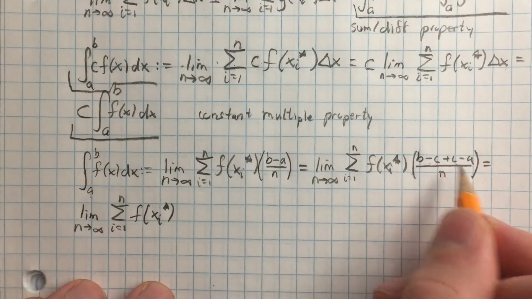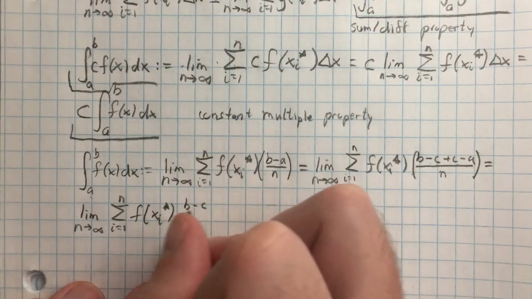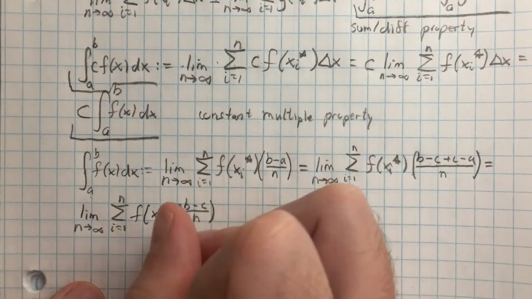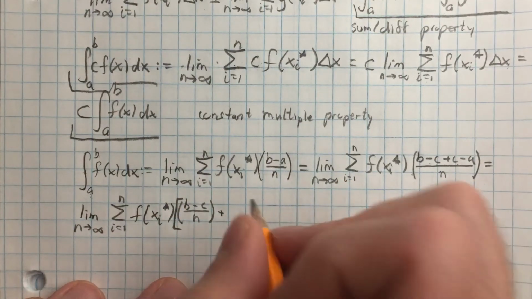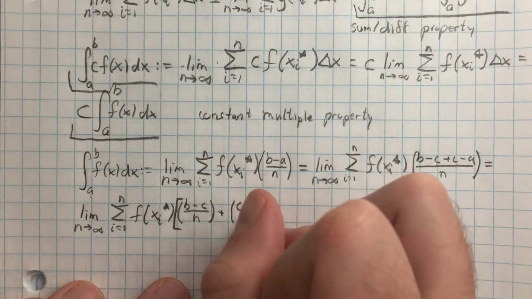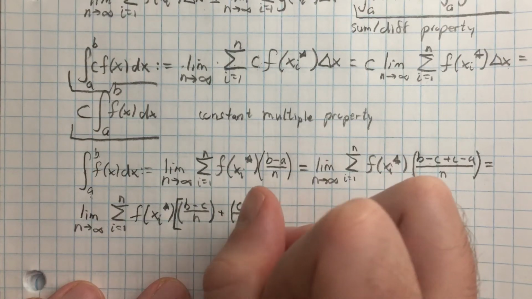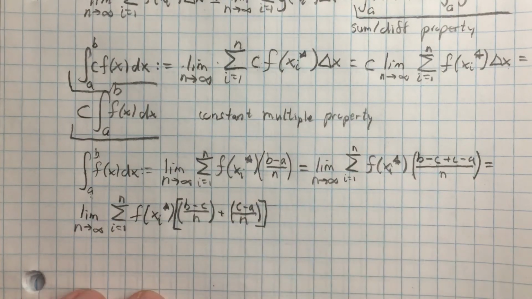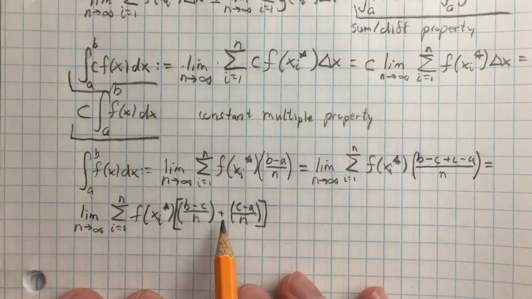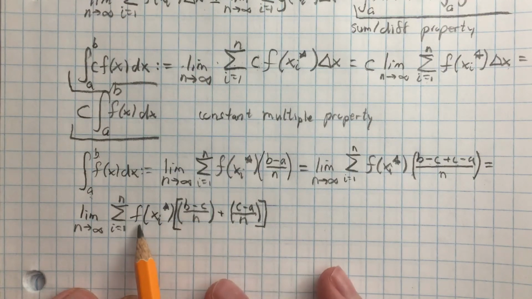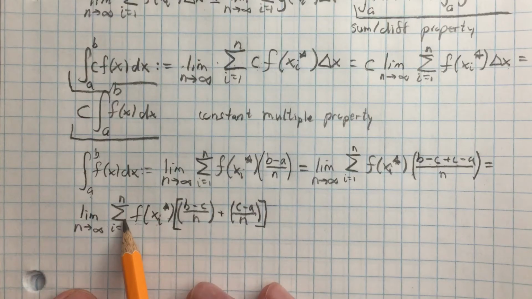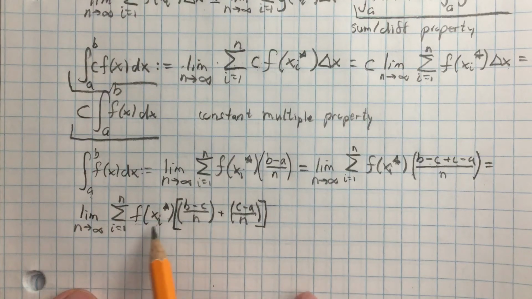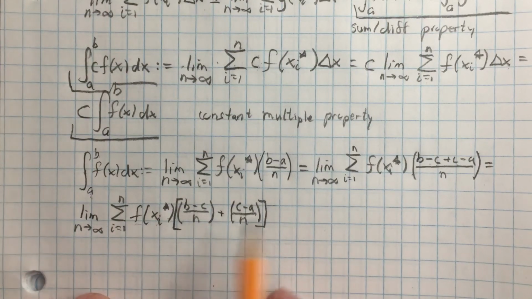If I just split this sum into b minus c on n, I have to use a bracket or something, plus c minus a on n, something like that. But this is another sum in here, so I can distribute the function over this, of course, it's just a regular product. I can distribute the summation over this, because summation has that property, as we discussed before, and the limit as well. They all have this distributive property over a sum or a difference.